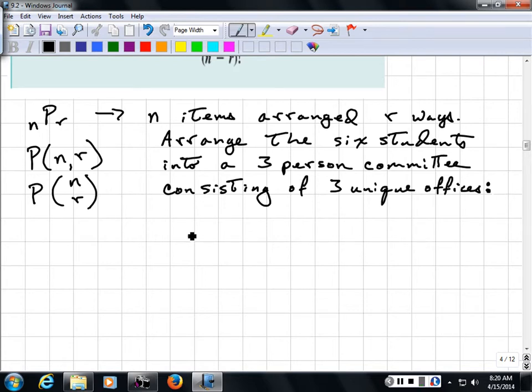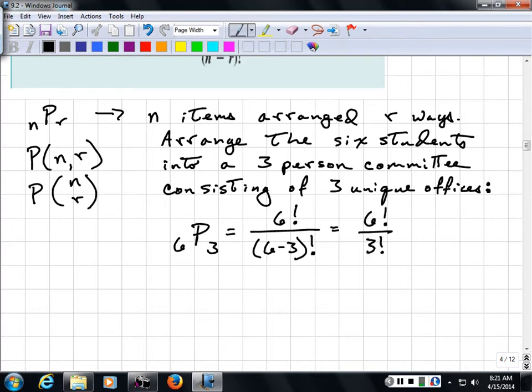Well, that's basically 6P3, which means I'm looking at 6 factorial over 6 minus 3 factorial, which means I'm looking at 6 factorial over 3 factorial. And I can do 6 times 5 times 4 times 3 factorial all over 3 factorial.